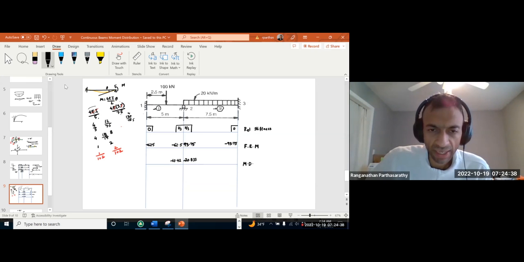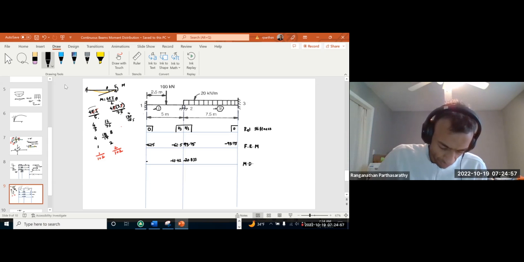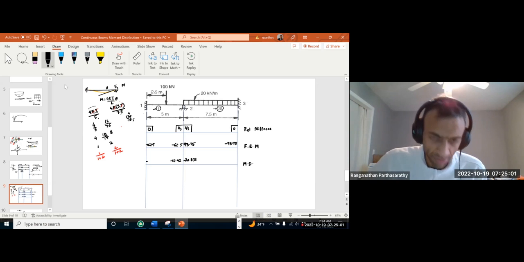Because of this, we can put the carryover moment as well in this step. Since I'm applying here a moment of negative 10.42 for this span, half of it will go to this side, that is negative 5.2.